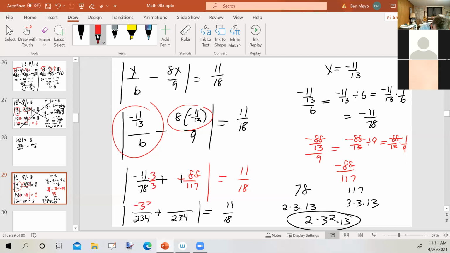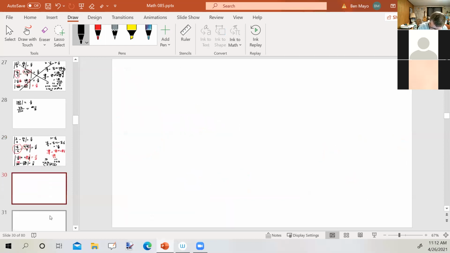So this is negative 33. To get from 117 to 234, I have to multiply by 2 over 2. 2 times 88 is 176. 176 minus 33 is 143 over 234.